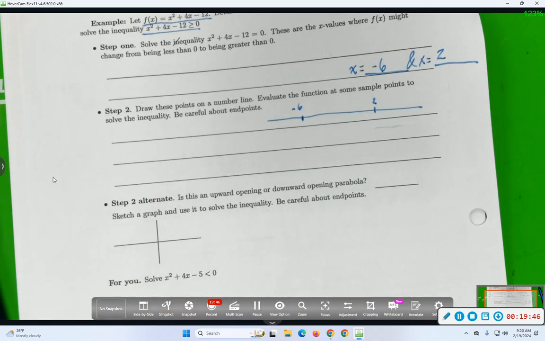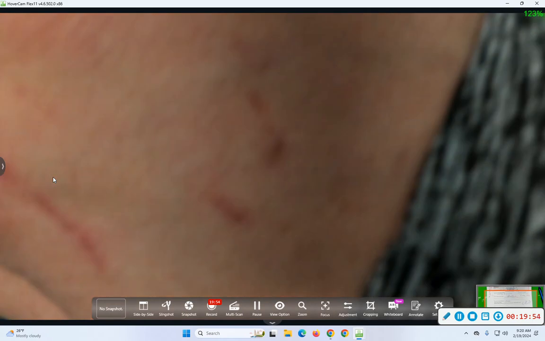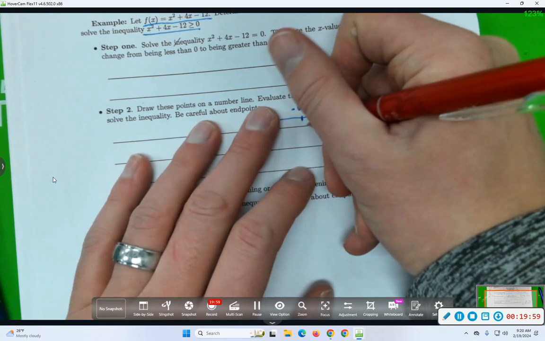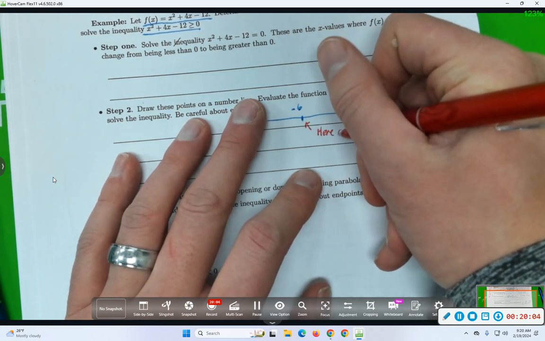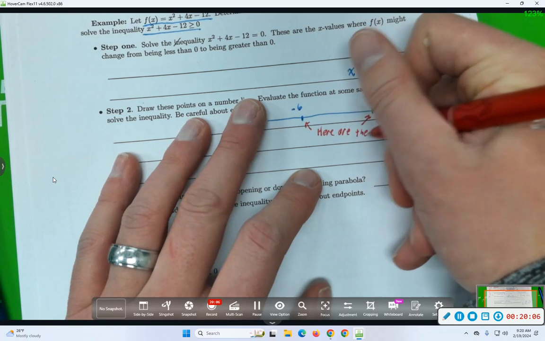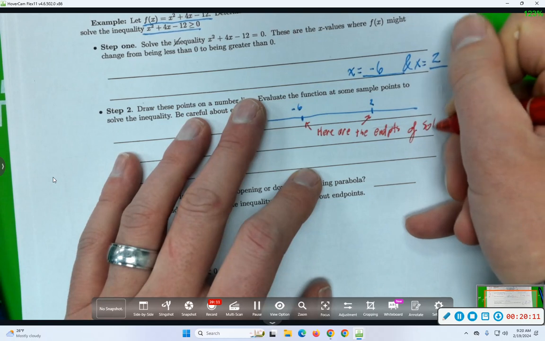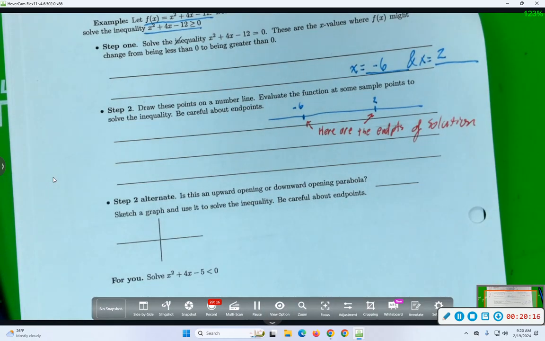So just as we saw previously, here at -6 and 2 are the endpoints of the solution. So it could be at -6 the inequality stops being true, or at -6 the inequality starts being true, and then the same thing at 2.